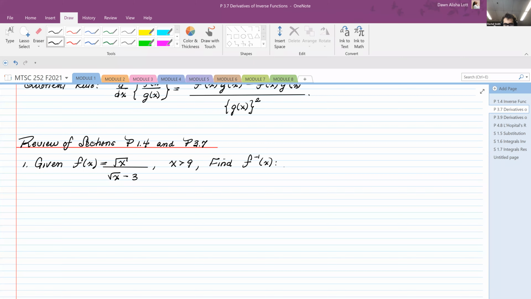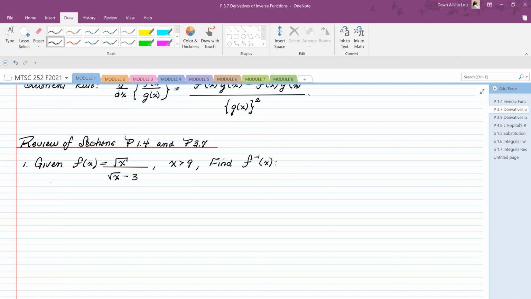The first thing I would do is make those square roots turn to the 1/2 exponent. I'm not sure how that's going to help yet, but let's do that.